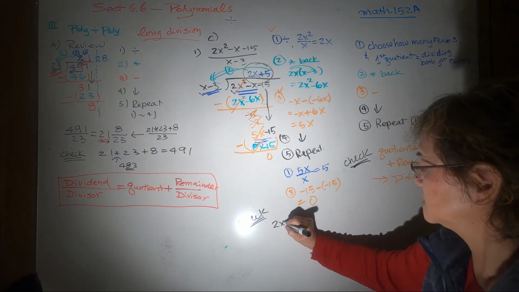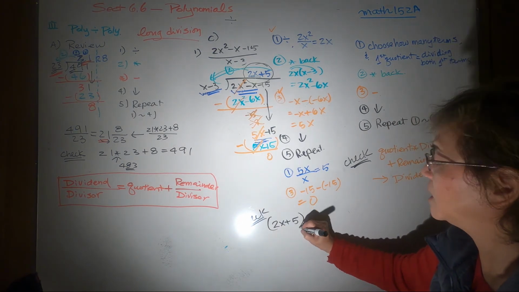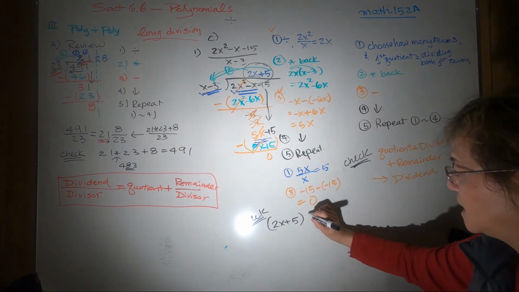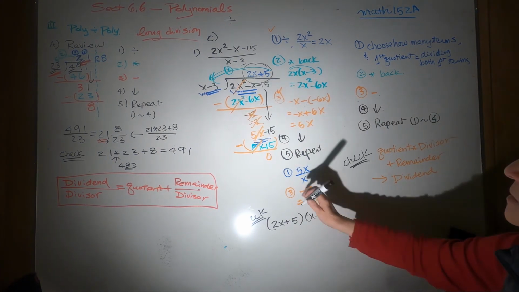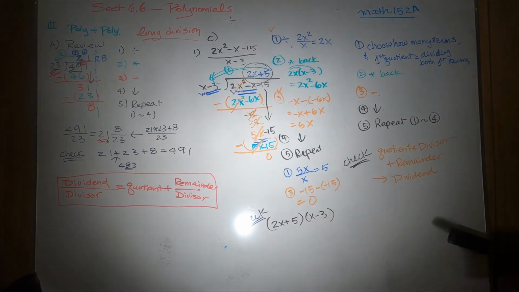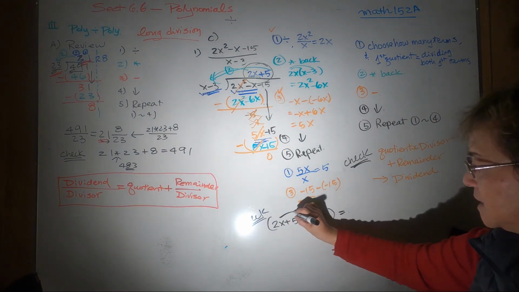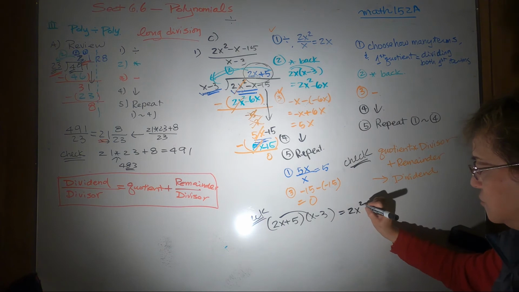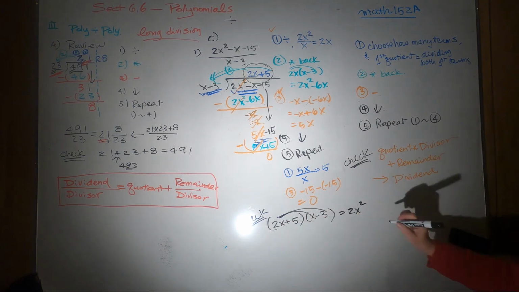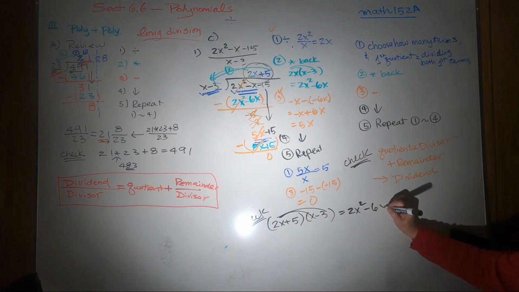So we have 2x plus 5, our quotient, times the divisor. Then see what we can get back. So 2x times x, 2x squared, 2x times -3, minus 6x.